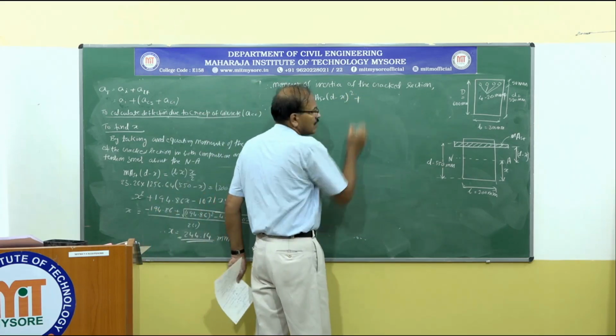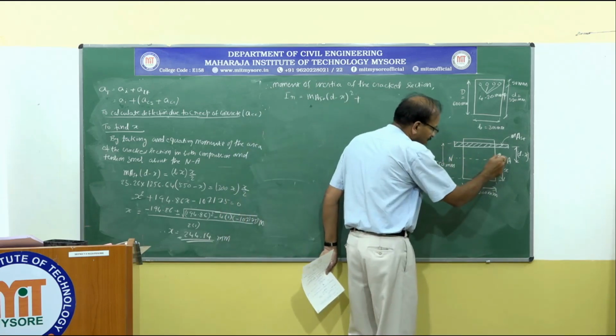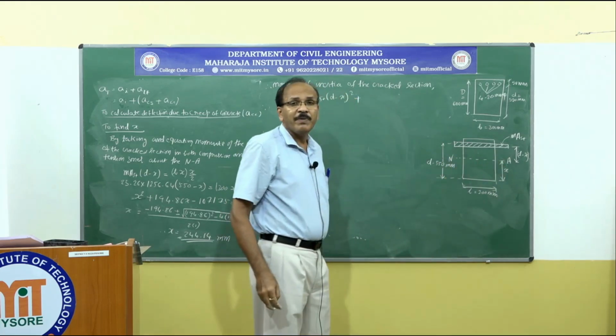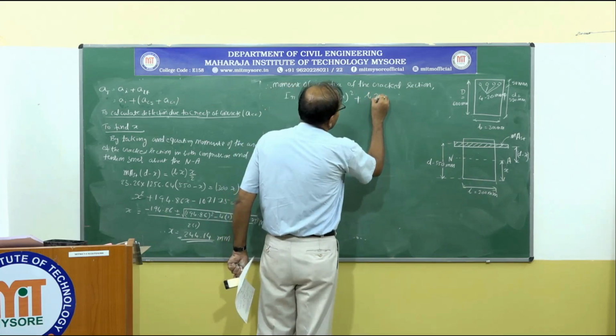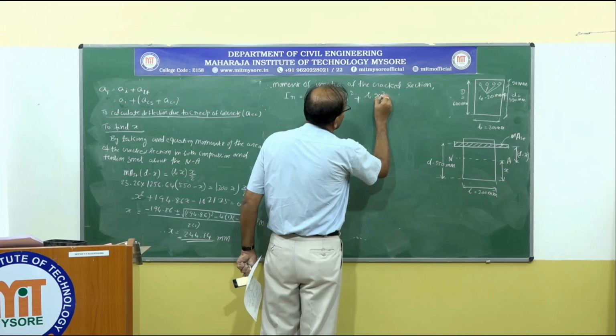plus moment of inertia of this rectangle about this is bd cube by 3, that is bx cube by 3.